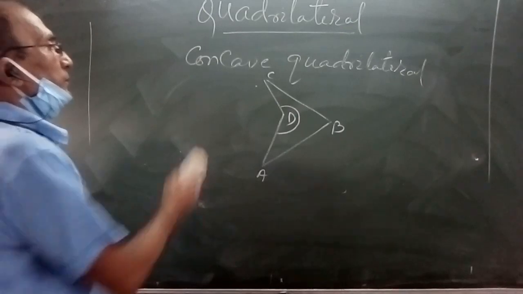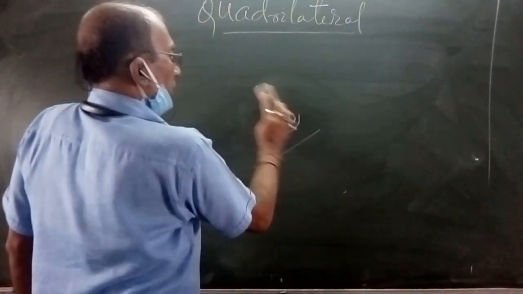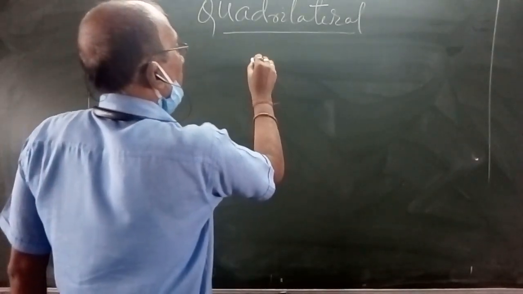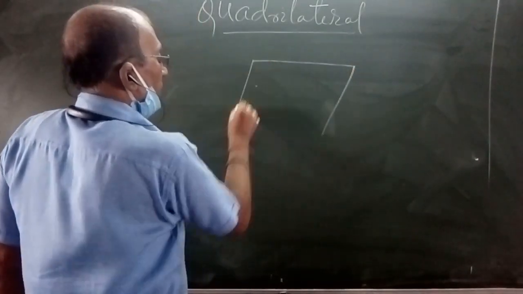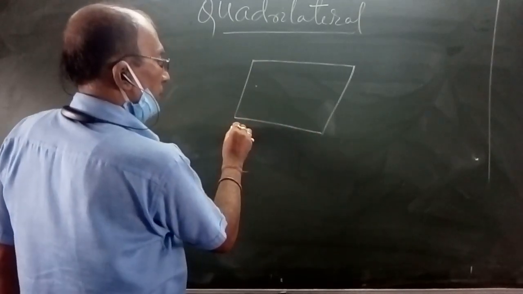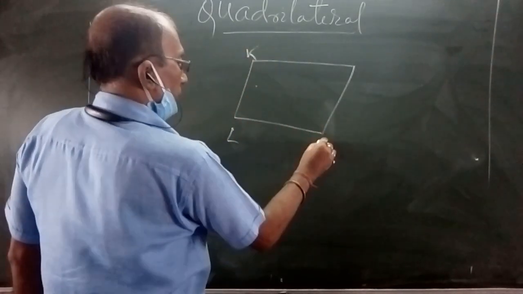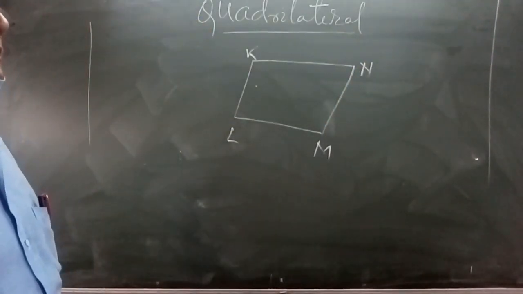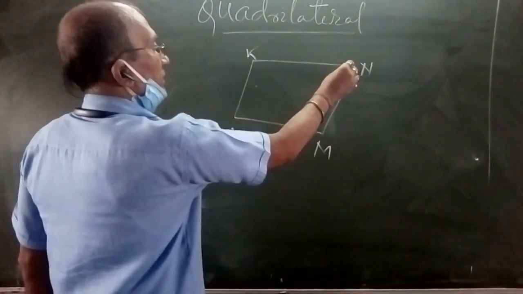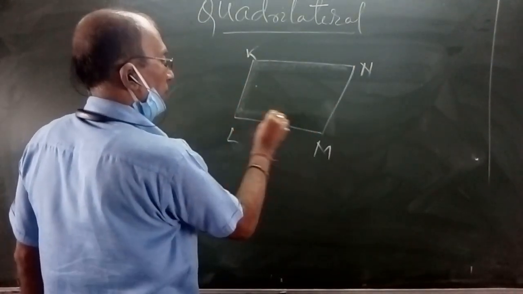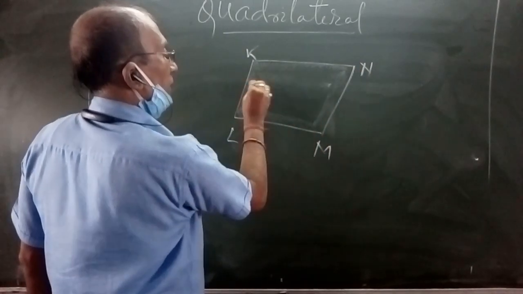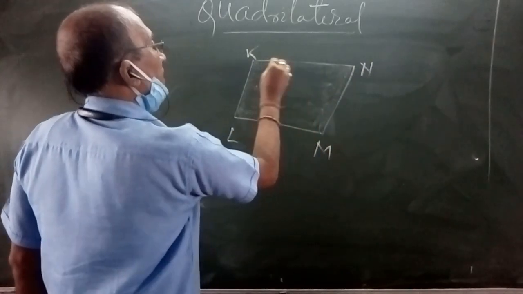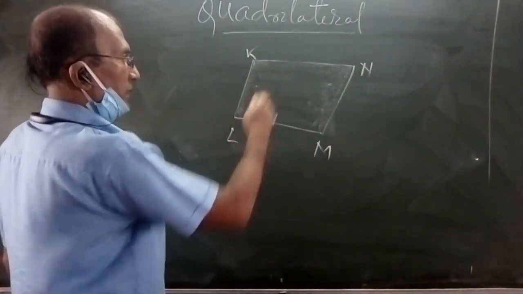Another is interior of the quadrilateral and exterior of the quadrilateral. Interior means inside, so the shaded portion is interior of the quadrilateral, and exterior means outside of the quadrilateral.